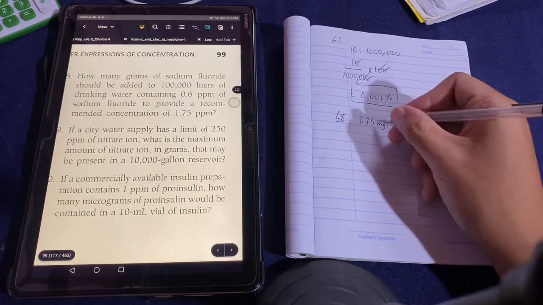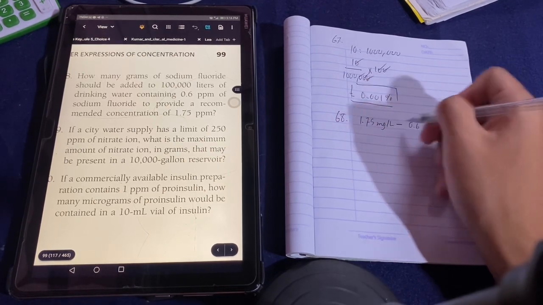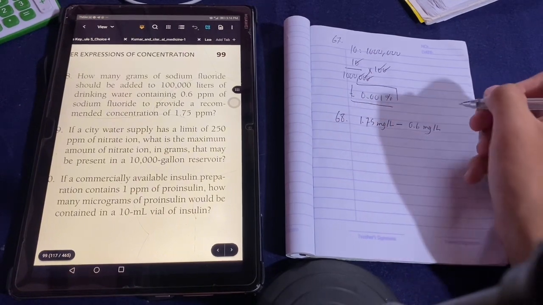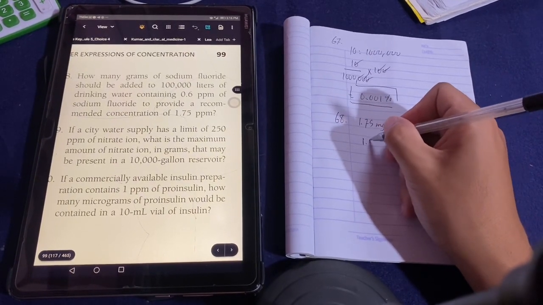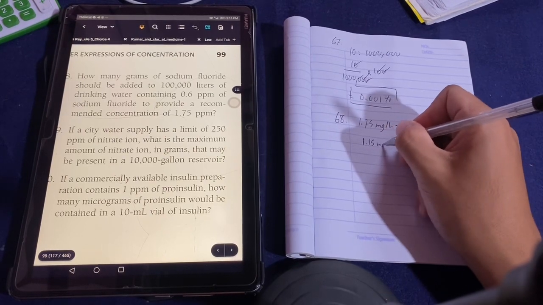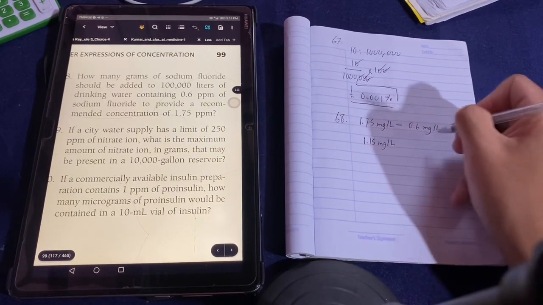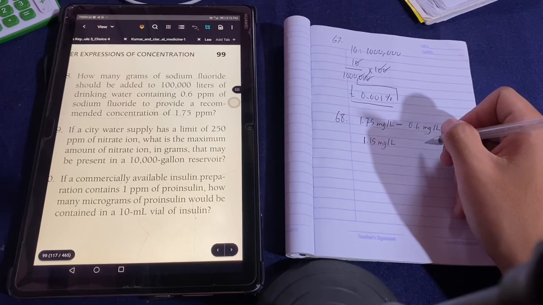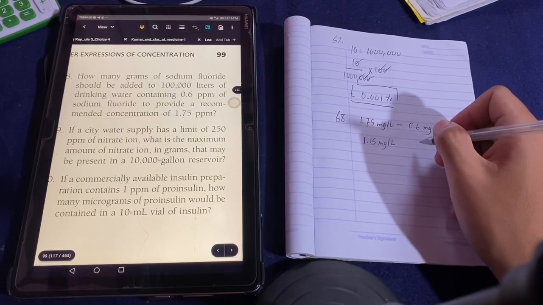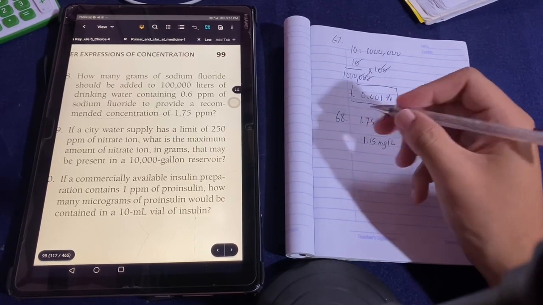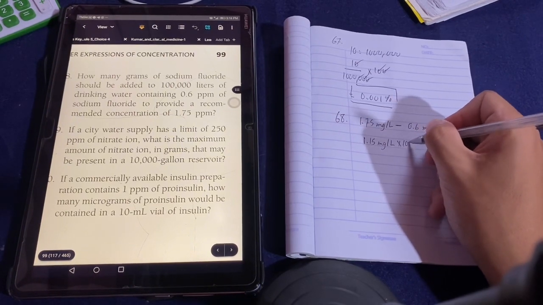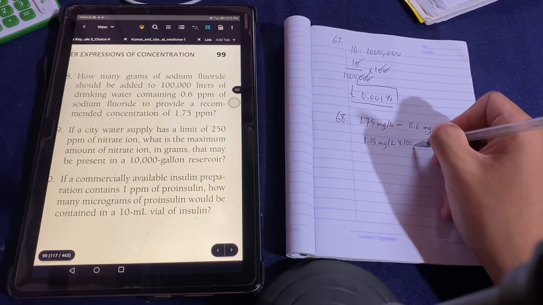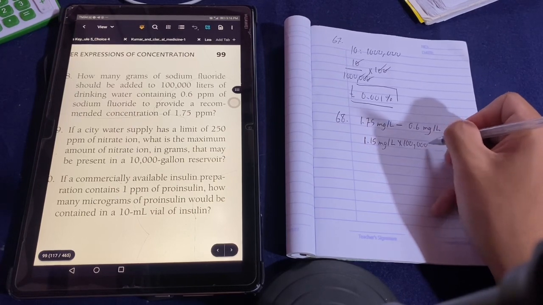After we subtract, we get 1.15 milligrams per liter. Then we multiply it by 100,000 liters.